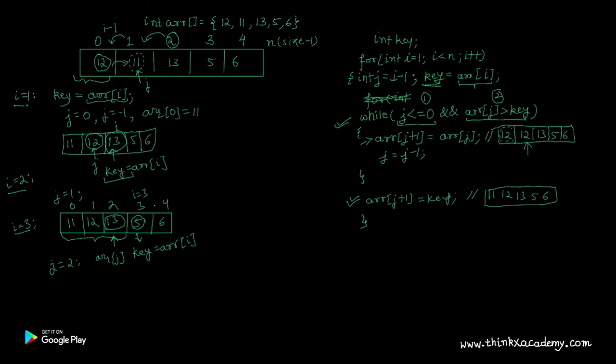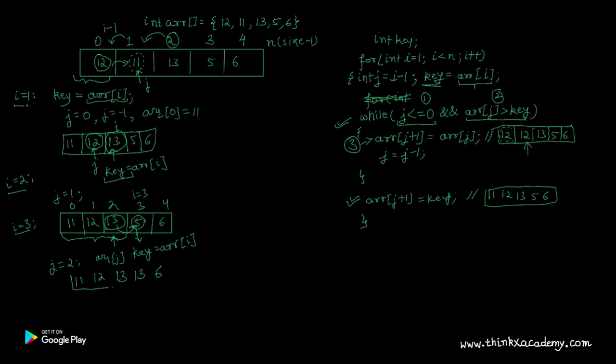So what we will do is, this is the third step. In the third step we are just going to assign this value to here. So now the array will become 5, so this will be 13, and 13 gets copied here.